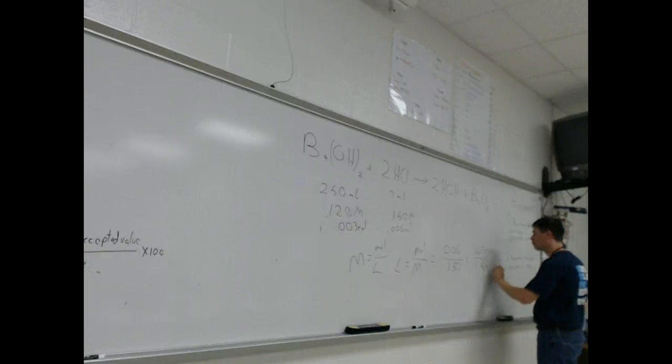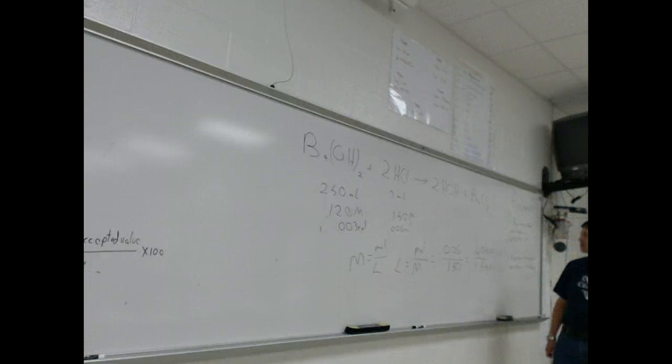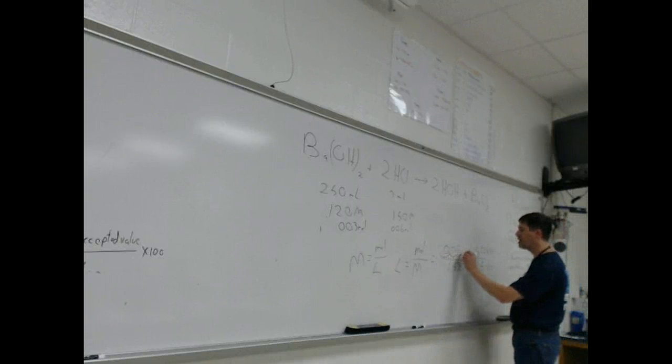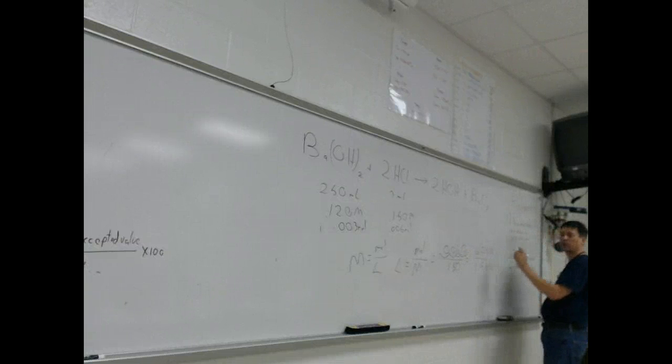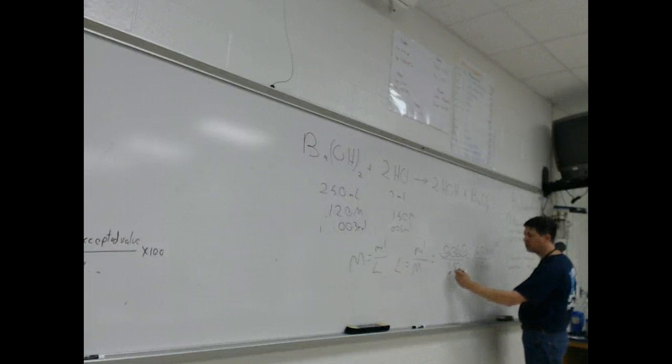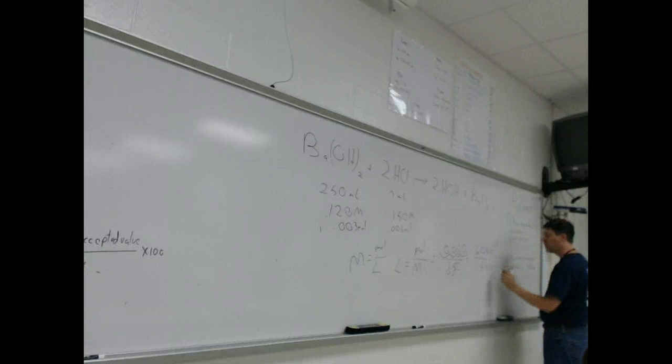So let's go 1, 2, 3, 4 places. It's 60 times 10 to the negative 4. How do I get to 15? 2 places. So it's 15 times 10 to the negative 2.